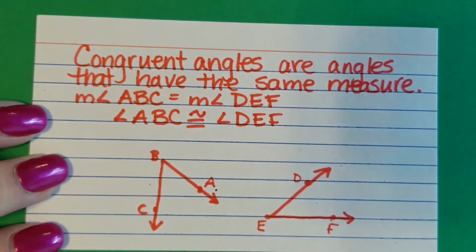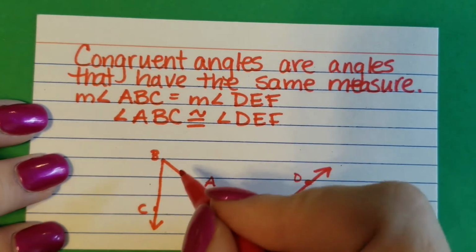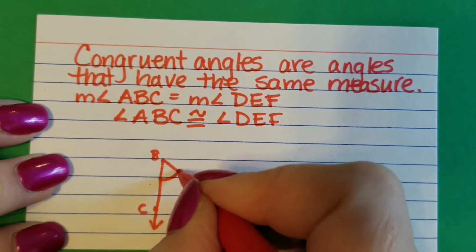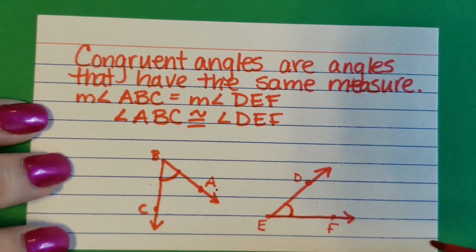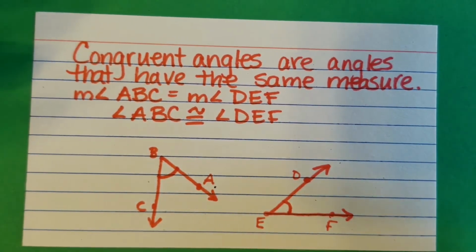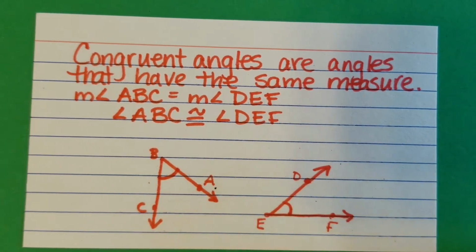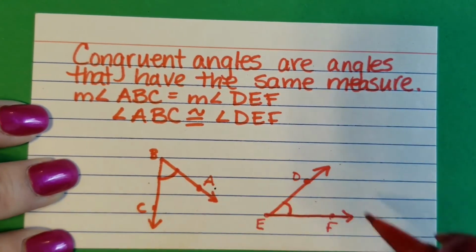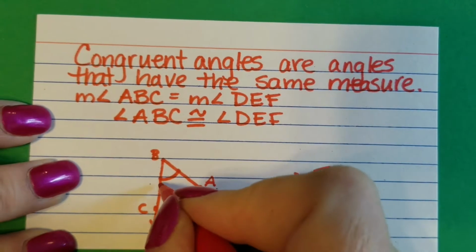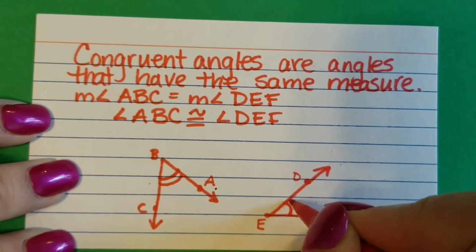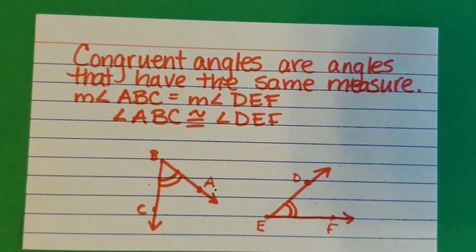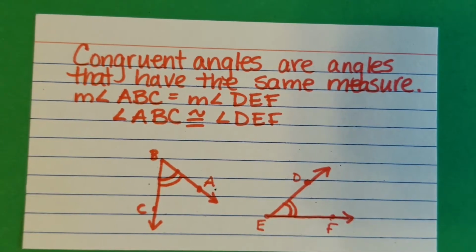And on a drawing, if we want to indicate that they are congruent, we put arc marks on them. So I'm going to put an arc here and an arc here. If we have more than one pair of congruent angles, we can use a different number of arcs for each pair, as long as the arc marks are the same within a pair.